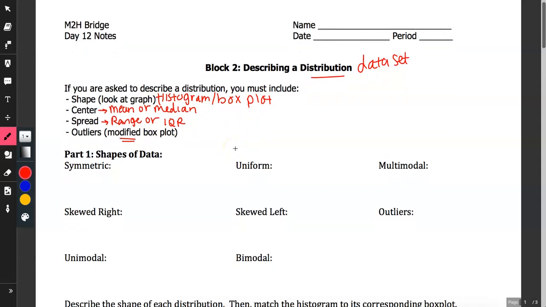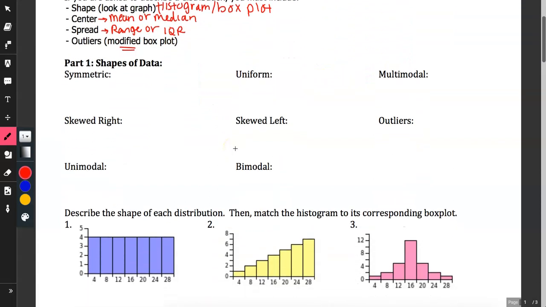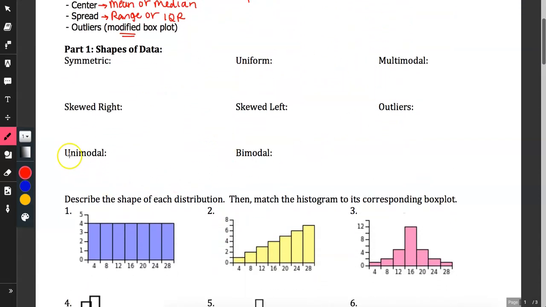So let's look at different shapes our data set could have. Lots of different vocab words. These are all the descriptive words you use when you're talking about shapes. You can sometimes use multiple for one distribution, and we'll talk about that as well. We're going to draw little sketches of what these look like. Symmetric is pretty much what you think.